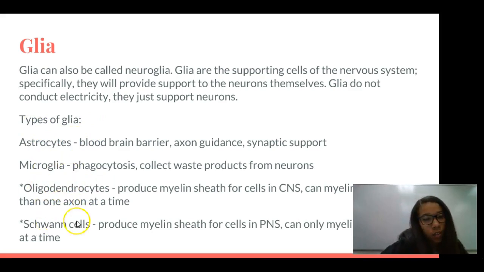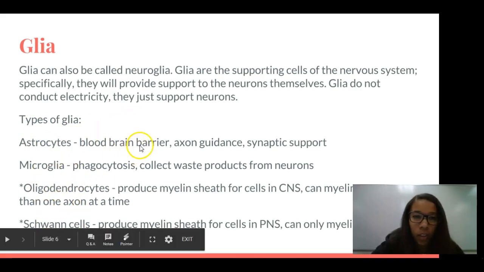Astrocytes are important in the blood-brain barrier, and specifically for axon guidance and synaptic support, meaning that astrocytes are going to wrap around the axon and help the neuron grow. Let's put it that way.